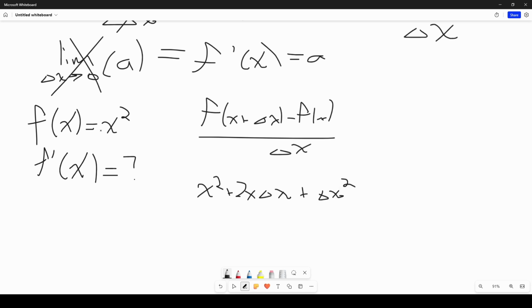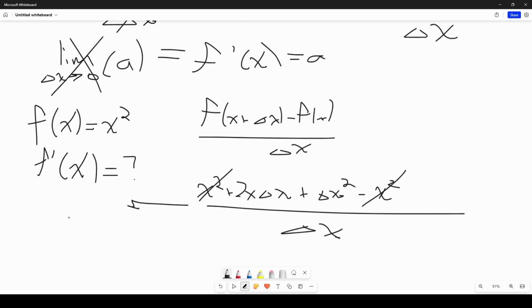And then minus f of x, which is just x squared. All of this over delta x. So now the x squareds cancel. And what we can do is factor out a delta x and cancel it out with the denominator, and you get something that looks like this.